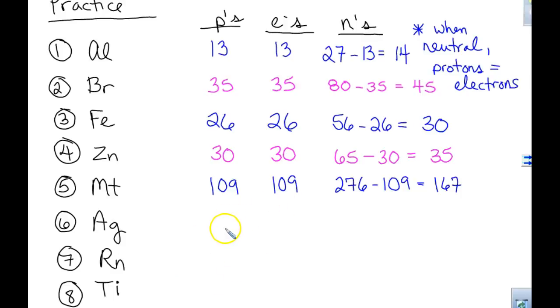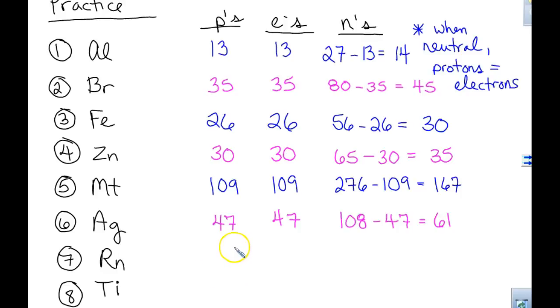Alright, so silver, Ag, element 47. Alright, what did you round the mass to? 108. So 108 minus 47. So that's 61. Alright. Change to blue. Rn, radon.